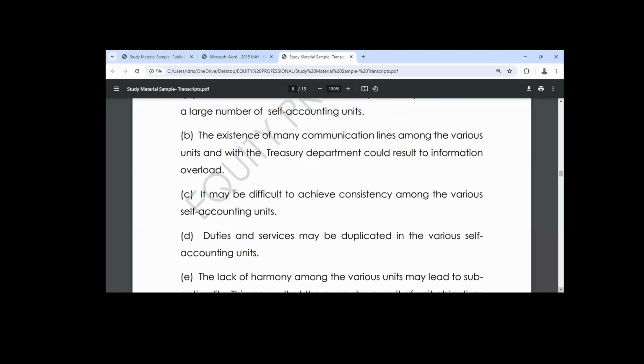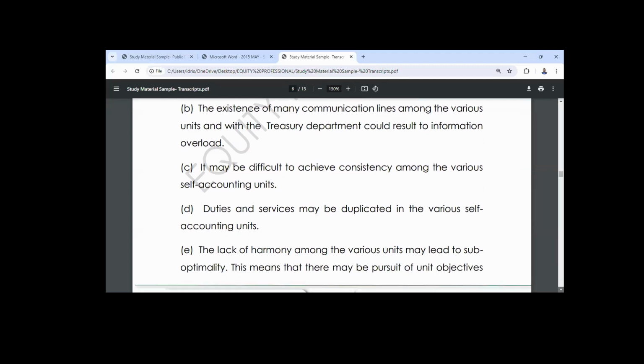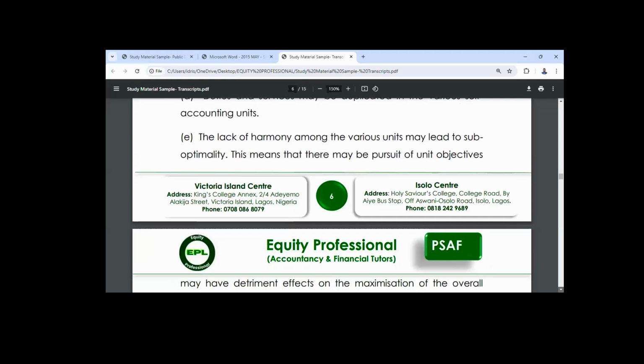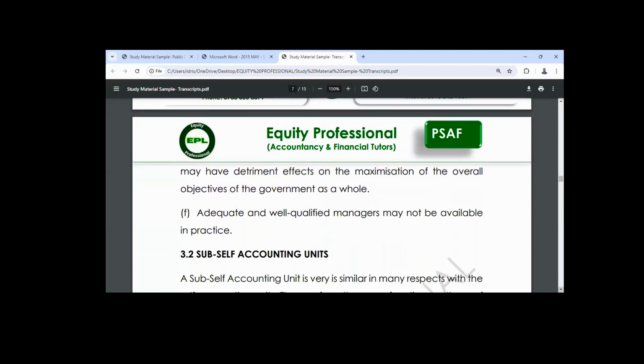Duties and services may be duplicated in the various self-accounting units. Lack of harmony among various units may lead to suboptimality.